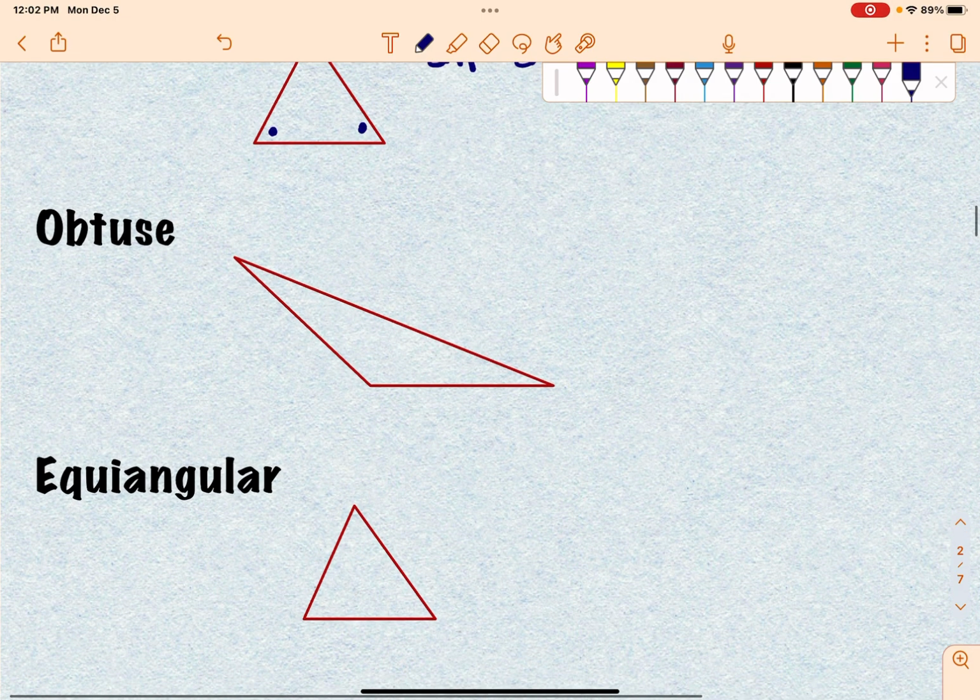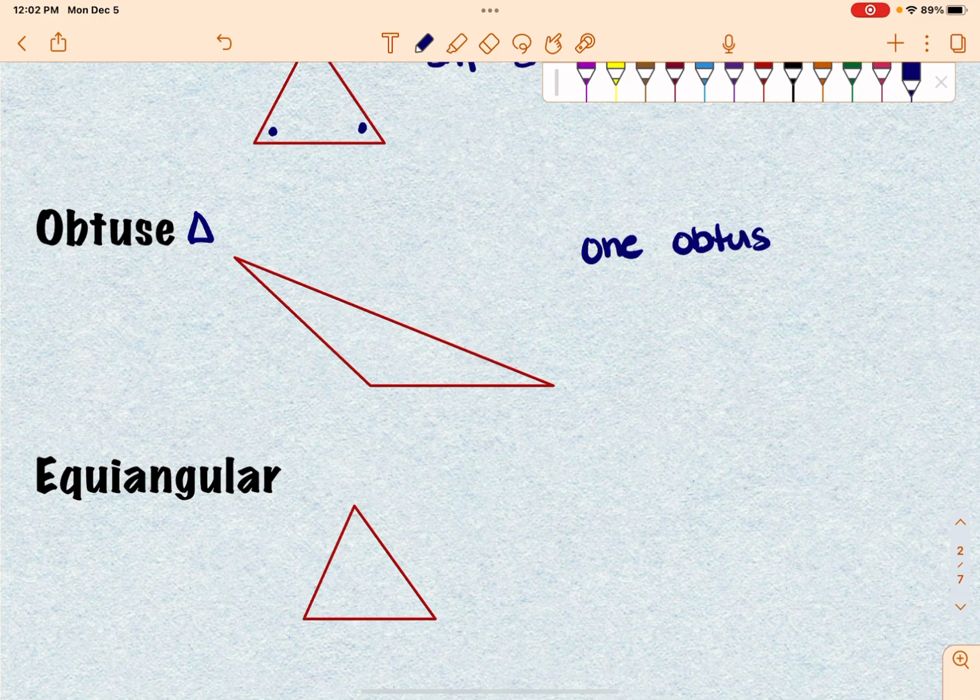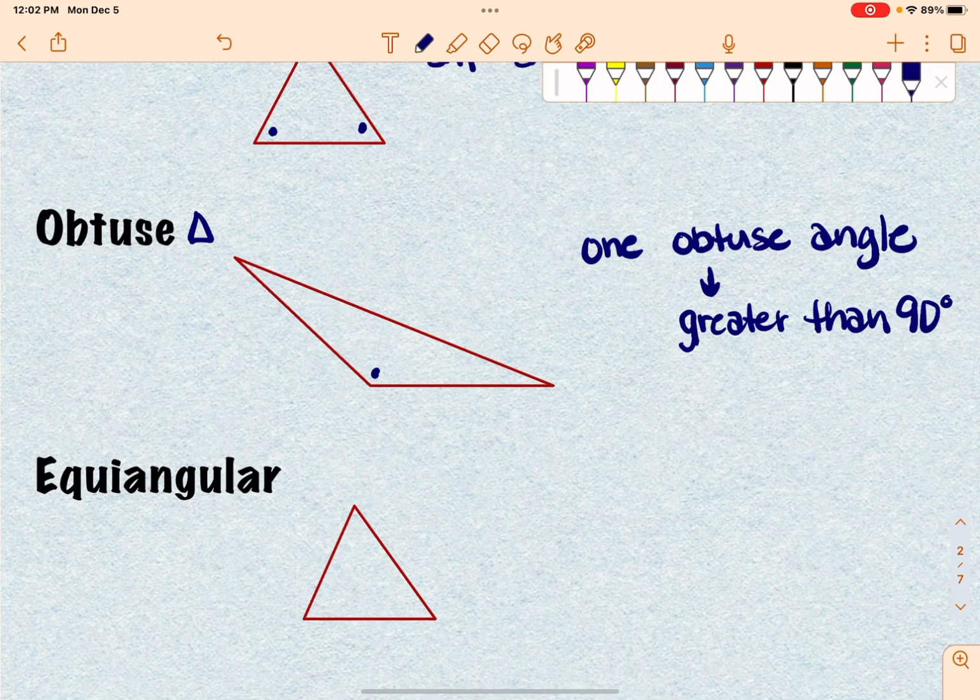Okay, now if I have an obtuse triangle, it has one obtuse angle. So you have one angle in it that is greater than 90 degrees. So you can tell in this one that would be that obtuse angle.